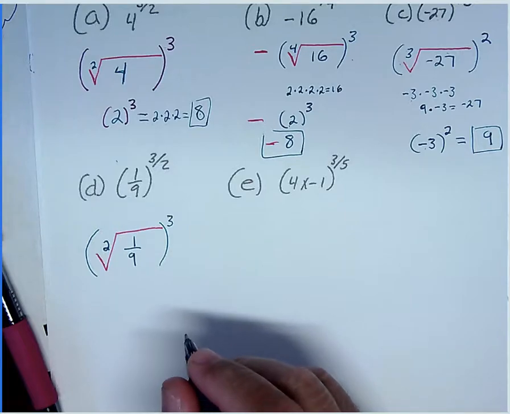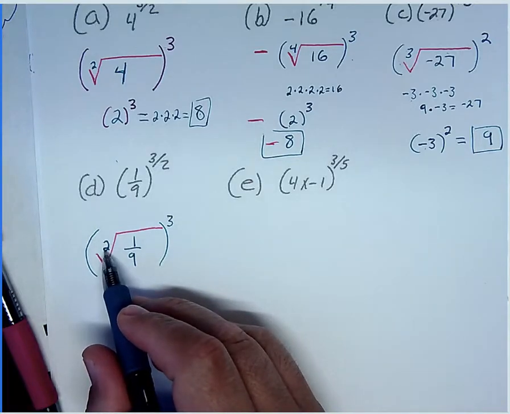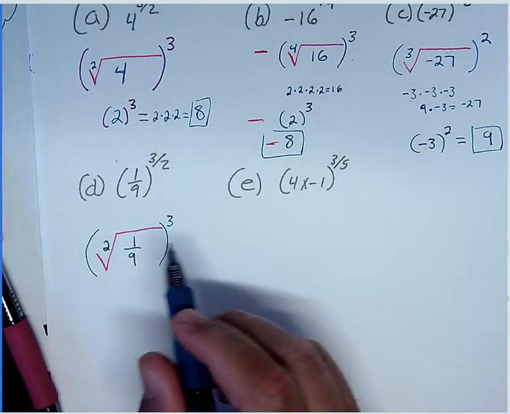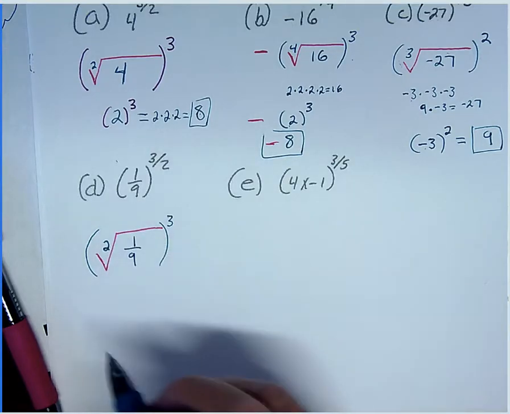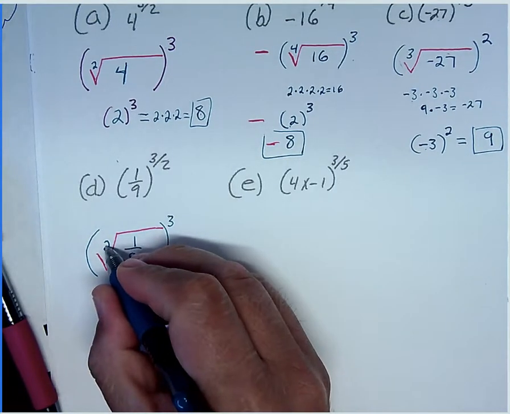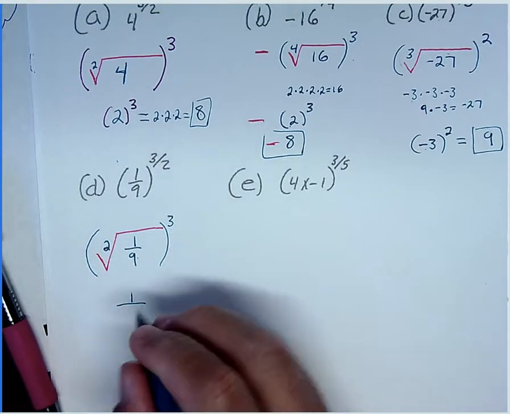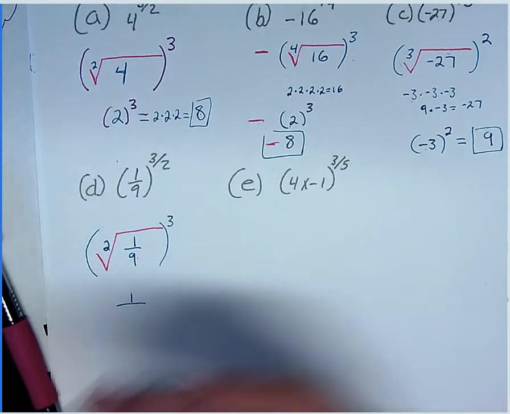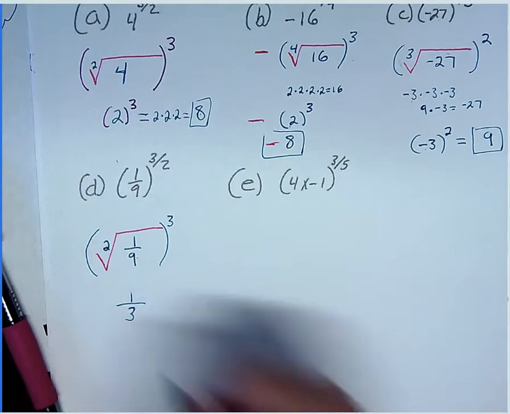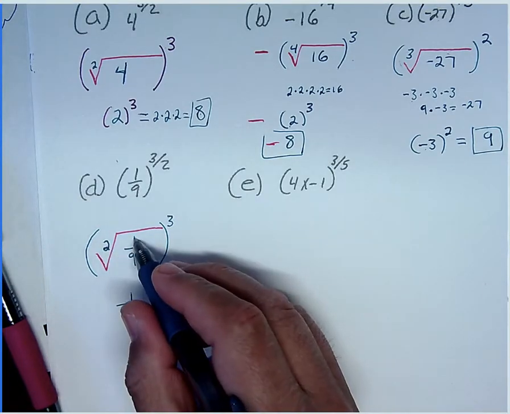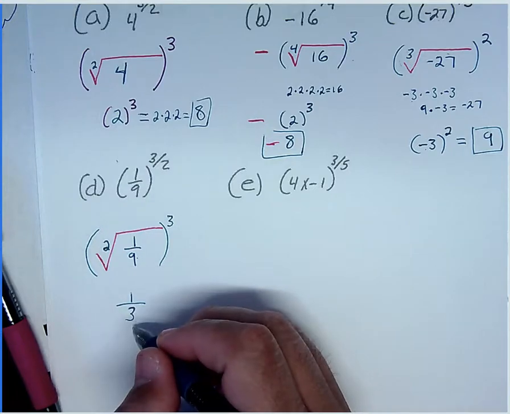Okay. So what's the square root of 1/9? So you can do it individually. You can do the square root of 1. You know that's just 1. The square root of 9. So a number that you multiply twice, that would give you 9. That's 3. So the square root of 1/9 is 1/3.